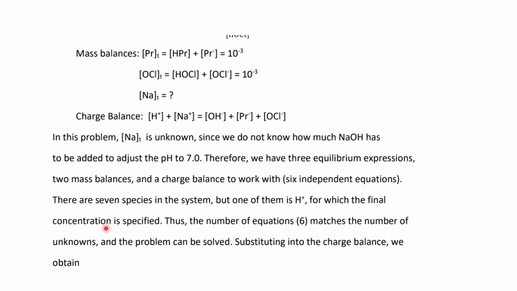Thus, the number of equations, 6, matches the number of unknowns and the problem can be solved. Whatever questions we have seen earlier, charge balance was not required, but here it is required as the number of equations are not enough.